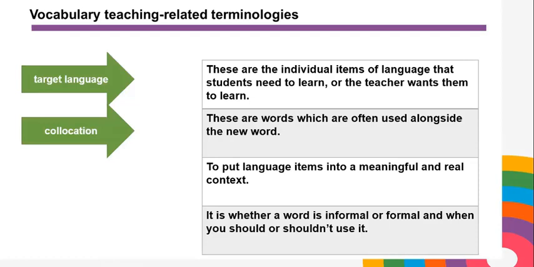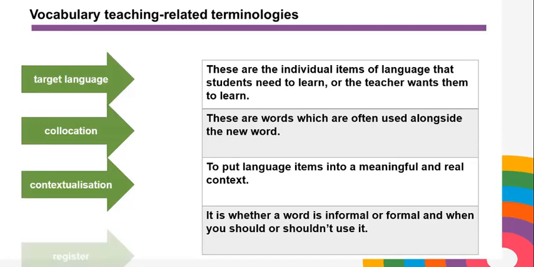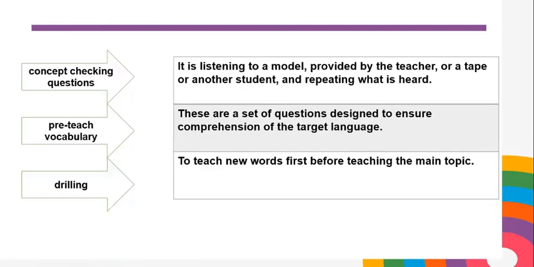Number three, to put language items into a meaningful and real context. Yes, it's contextualization, to put it in a context. The last one is whether a word is informal or formal, and when you should or shouldn't use it. It's register. So we've got four new terminologies. We'll have another round. Let's start.